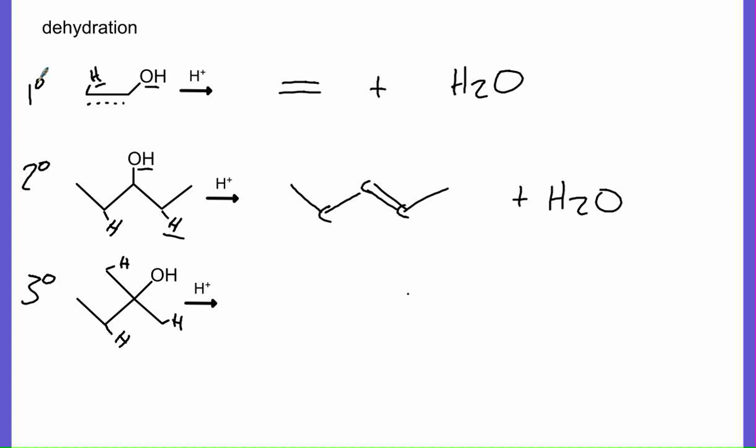But in this case down here, right, since it's not symmetrical, some of those carbons are different than others. These two carbons are actually kind of identical because they both have 3 hydrogens on them. But this other carbon only has 2, so it's different than the other 2. I have to decide which carbon I'm going to take my hydrogen from.